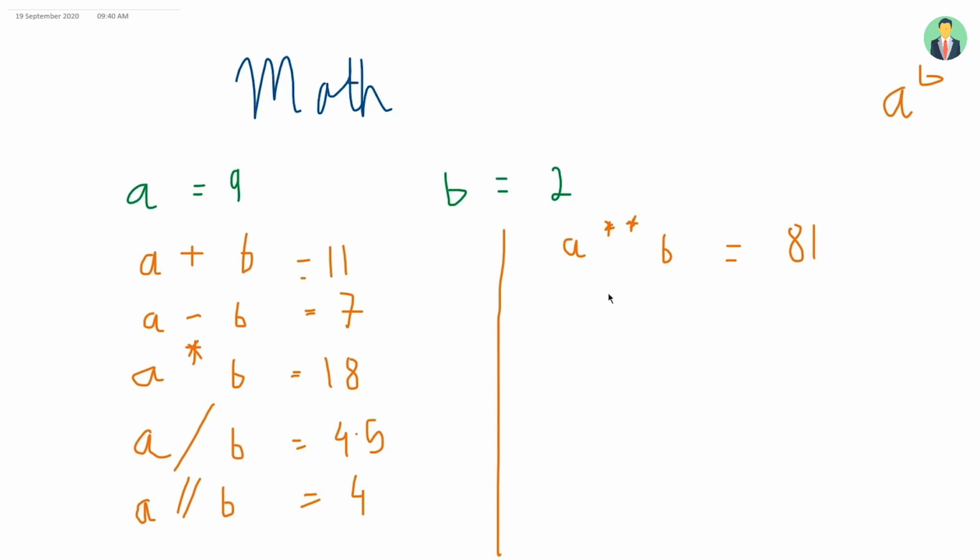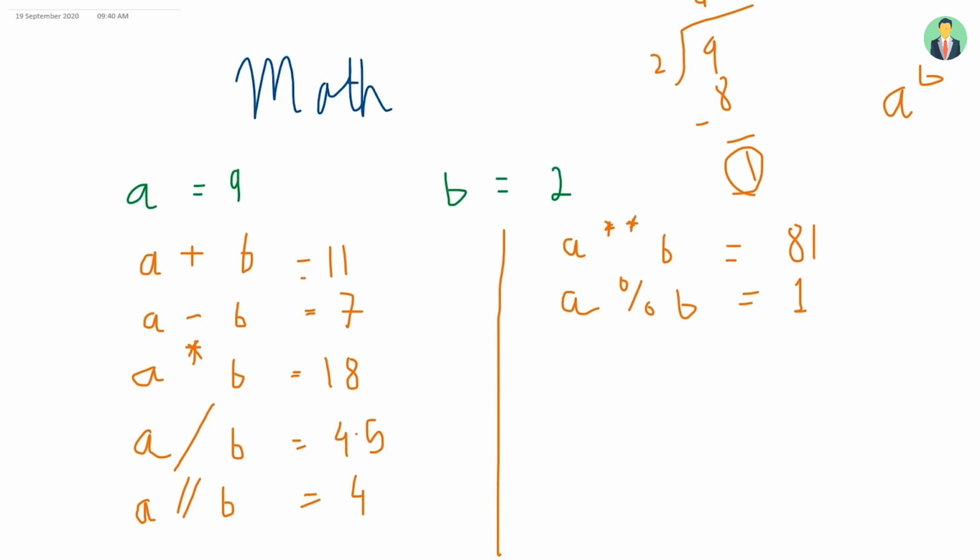You can also get the remainder of their division. That is done using the modulo operator, which is written using the percentage sign. So A modulo B, and this would give me the remainder. When we divide 9 by 2, it's 4, and then we get 8, and then we have 1 in the remainder. So that is what's getting returned here, and it would give me 1.